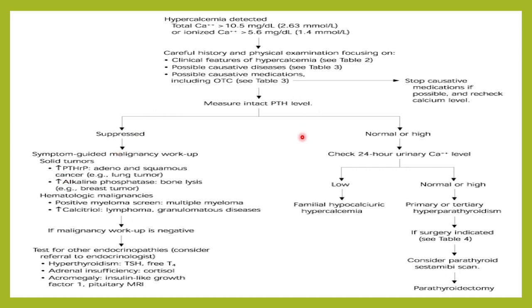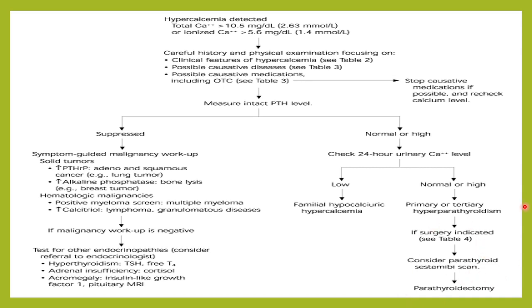Suppose it was PTH dependent, you will definitely get a PTH which is high or normal. Then check his 24-hour urinary calcium. If the urinary calcium is low, that suggests more of a familial hypocalciuric hypercalcemia.